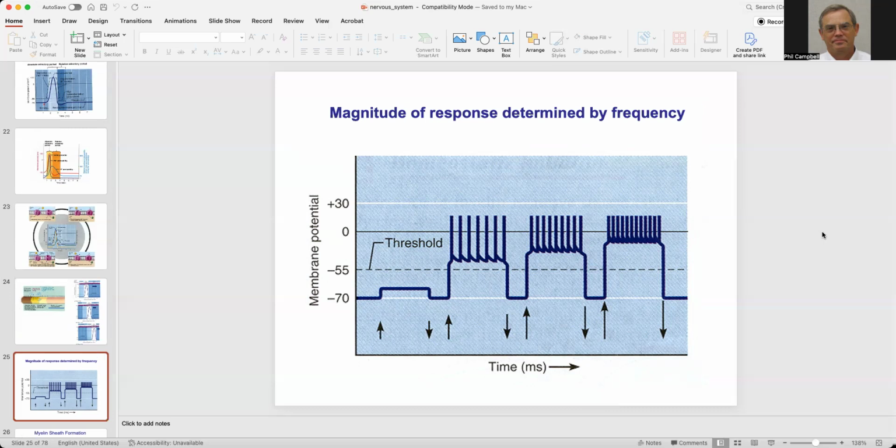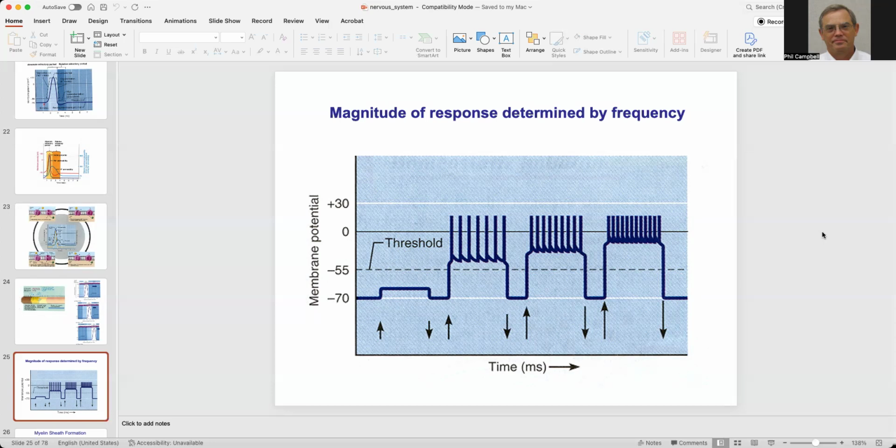That means it's telling, so how can I discriminate in signal strength when I'm pressing a little bit or hard? How does that work? So, magnitude is fixed. I can't have a change in magnitude of an action potential. The only thing I can control is the frequency of those action potentials per unit time. Right? So, if I have minimal stimulation, which does not achieve threshold potential, what happens? No action potentials fire because the voltage-gated channels for sodium do not open.